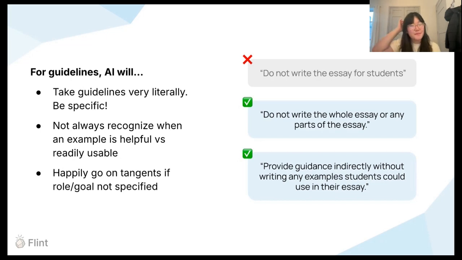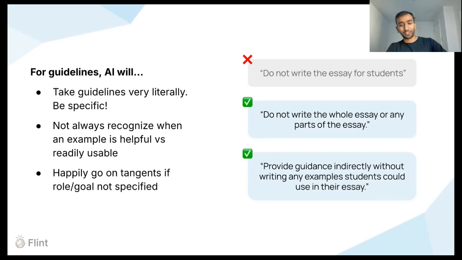My main suggestion is to just treat Flint like a teaching assistant. You can give it feedback in very plain language, just like that, and it will figure out how to incorporate that into the settings for you. So that's a great specific example of a guideline that you could set.